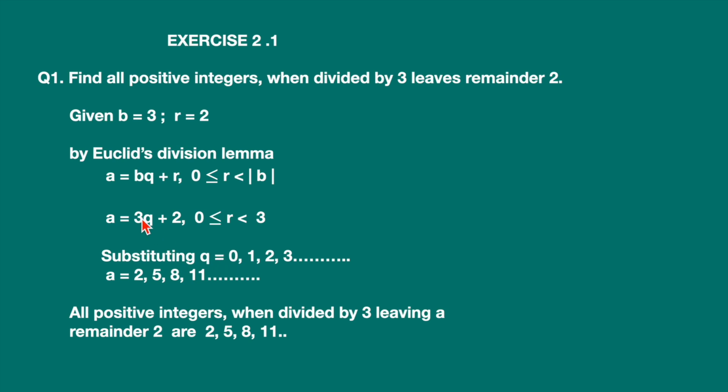Let q be 0, you get the value of a as 2. q is 1, a is equal to 5. q is equal to 2, a is equal to 8. q is 3, a is equal to 11, and so on. So the positive integers 2, 5, 8, 11, and so on, when divided by 3 will give us a remainder of 2.